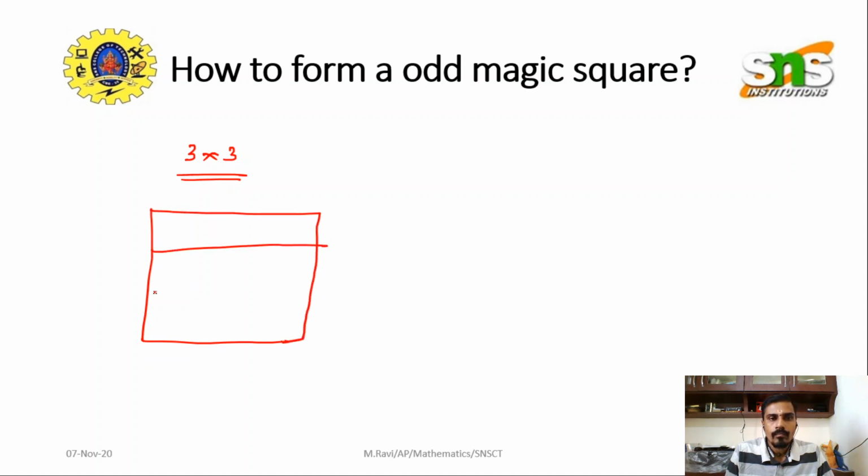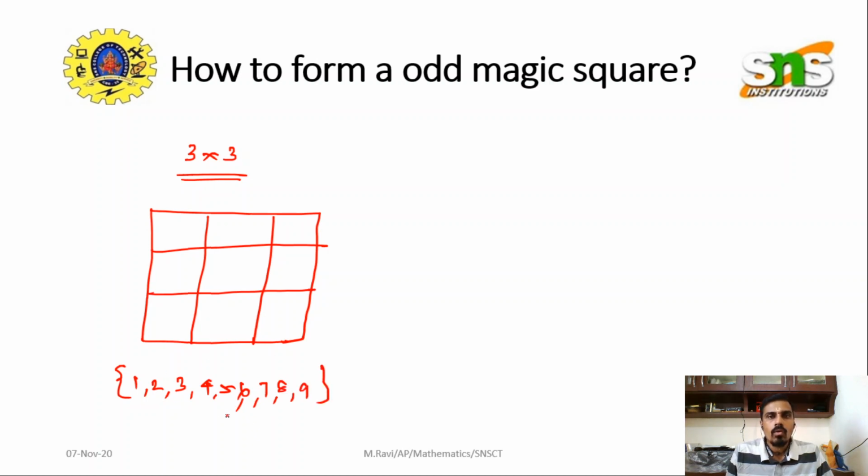What numbers do we have to use? 1, 2, 3, 4, 5, 6, 7, 8, 9. We have to use all these 9 numbers in these 9 boxes exactly once, and each row and each column adds up to 15. The magic number here is 15. So how do we write the numbers?